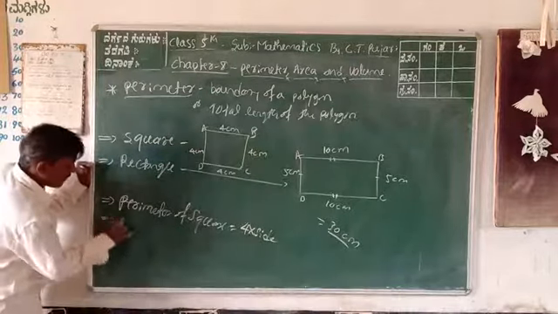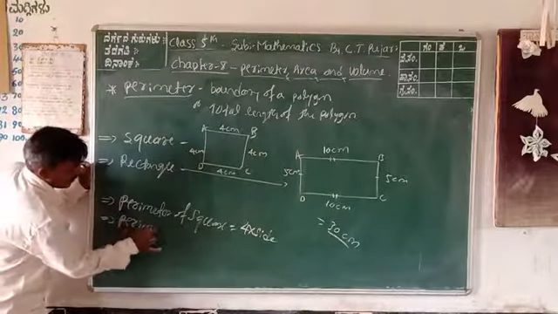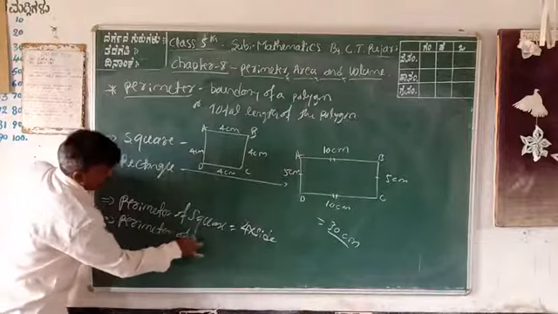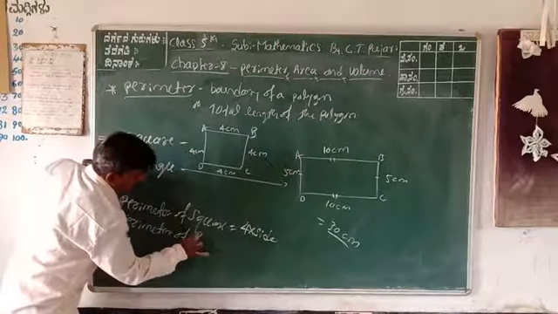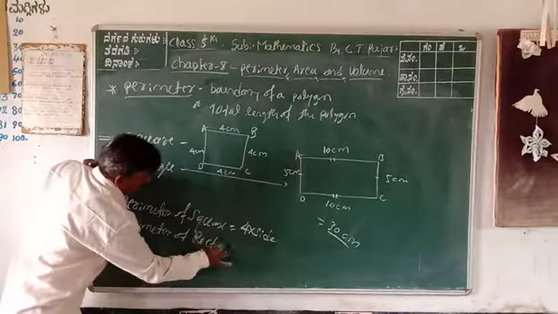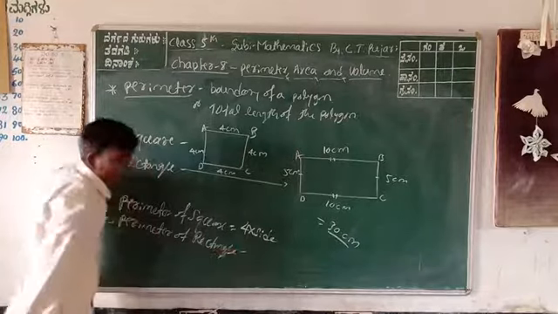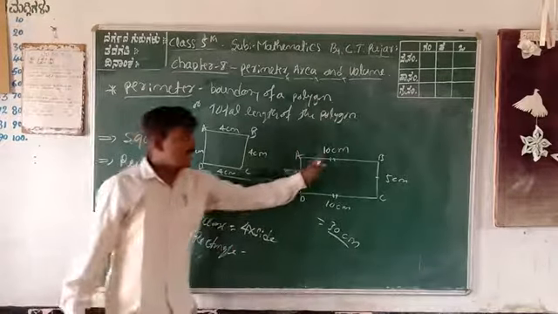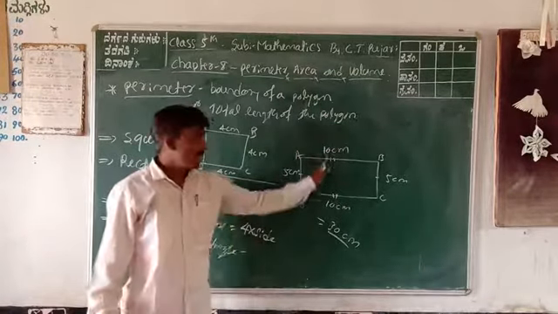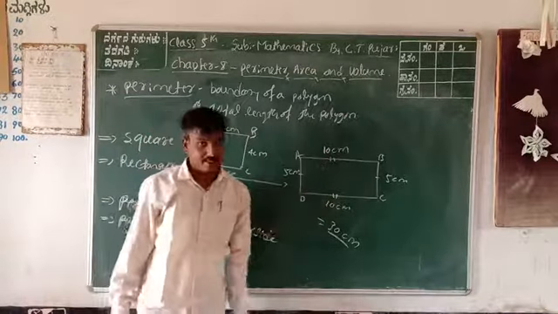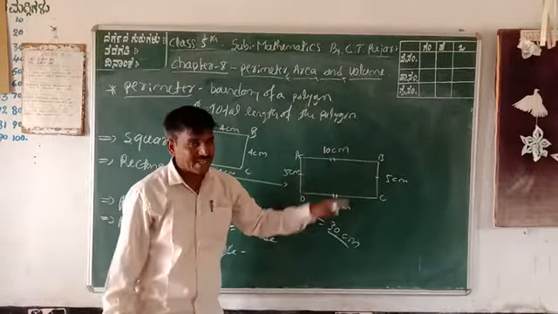Next, the perimeter of a rectangle. In a rectangle, opposite sides are equal: length and breadth. Two lengths are there, two breadths are there.